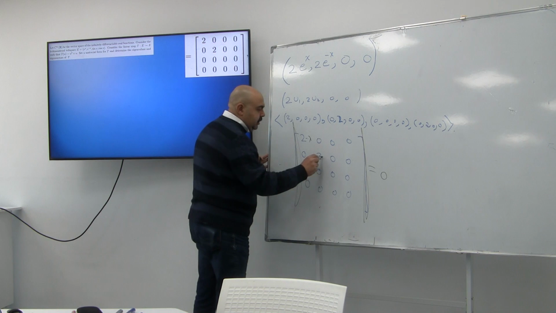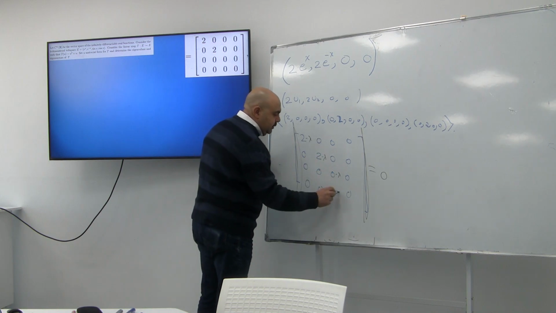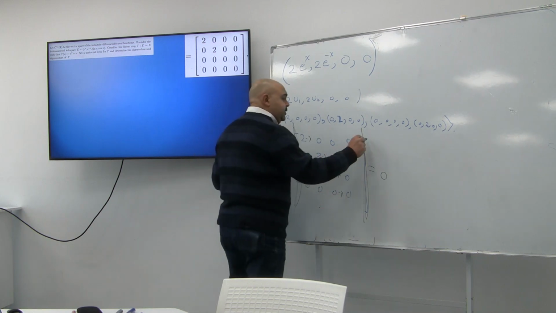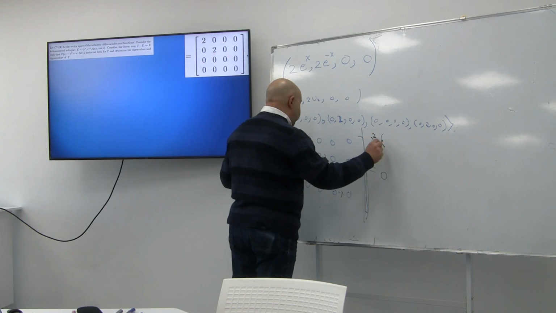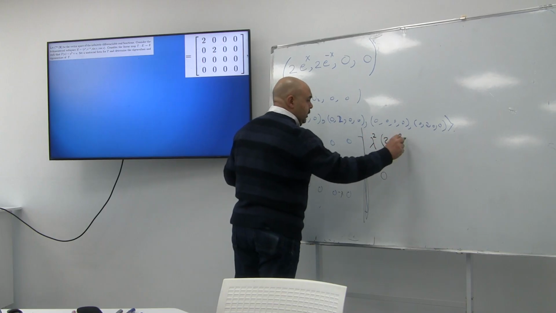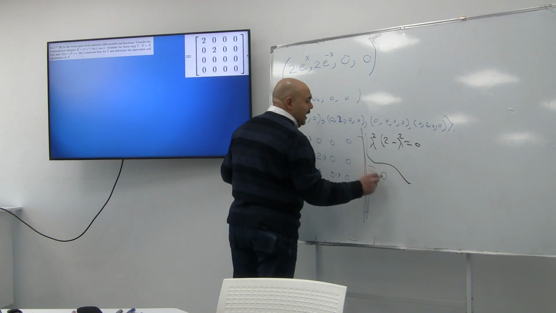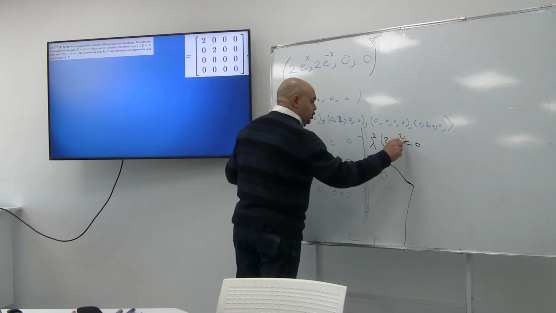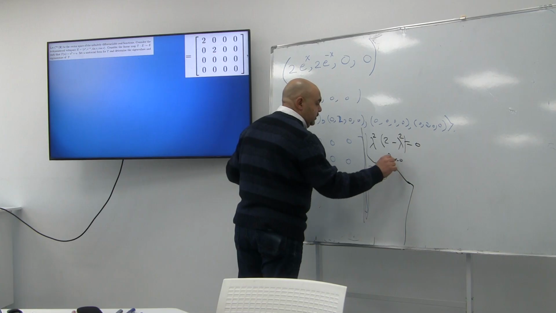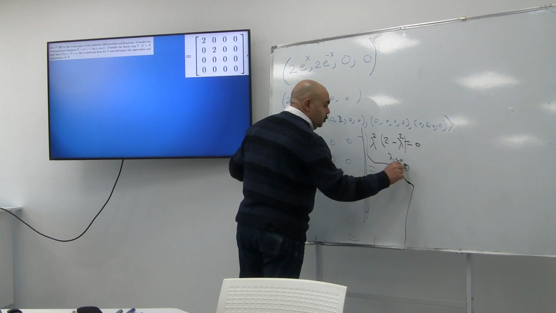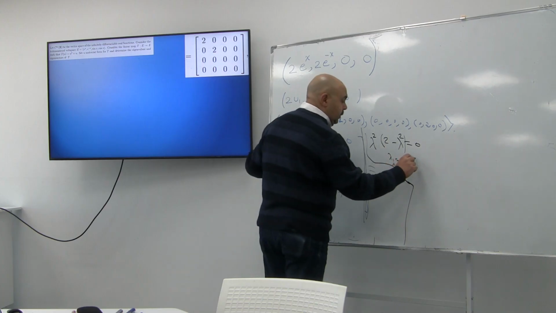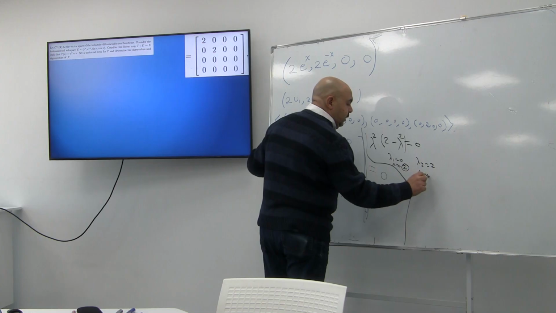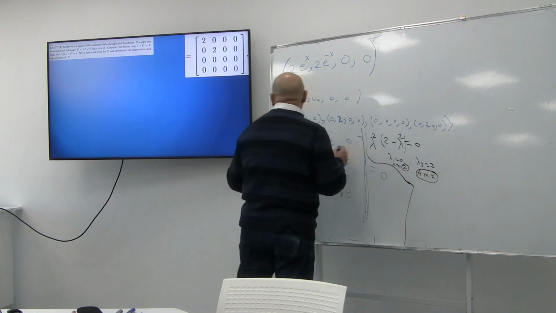This is minus lambda, minus lambda, minus lambda, minus lambda, which is going to result in lambda squared times (2 minus lambda) equal to 0, with an algebraic multiplicity for each of these eigenvalues. The first value is going to be 0, with an algebraic multiplicity of 2. The second will be the same, lambda equal to 2, with algebraic multiplicity of 2, as you can see.